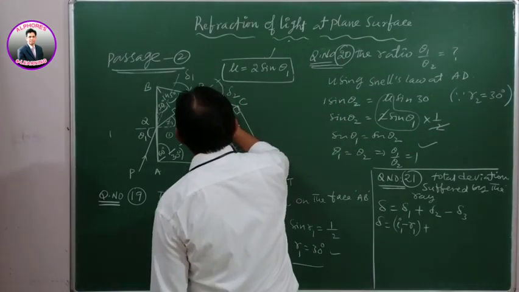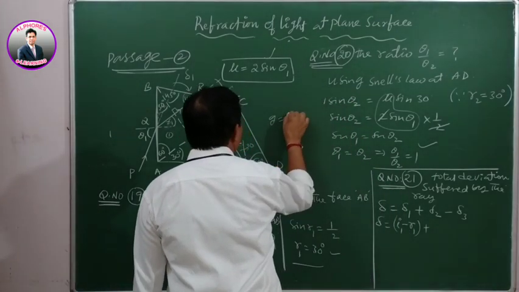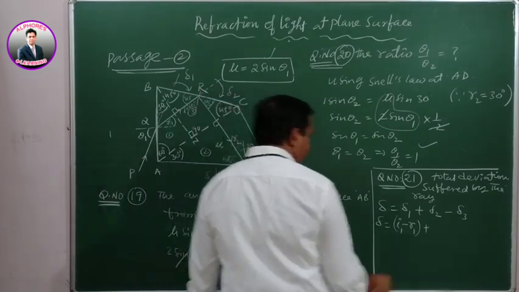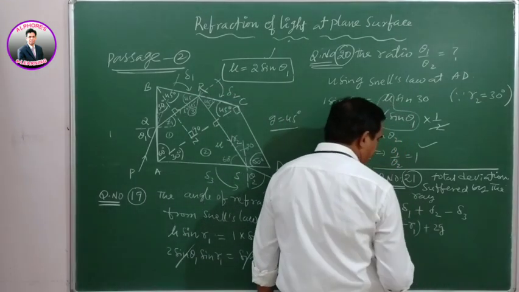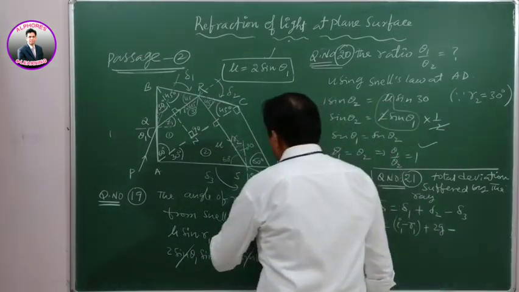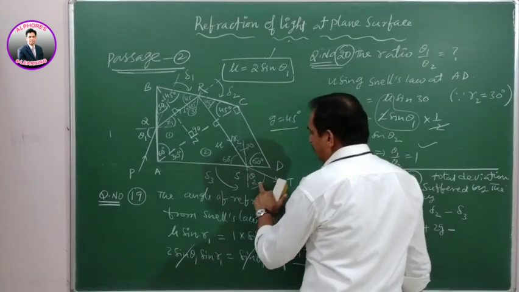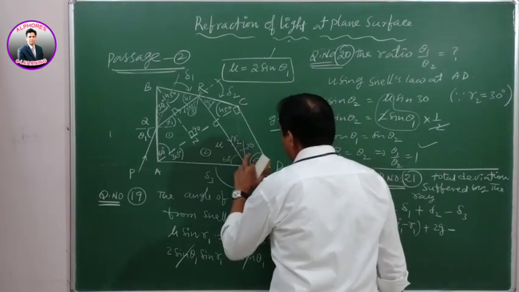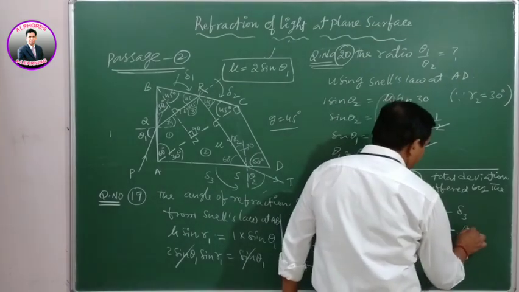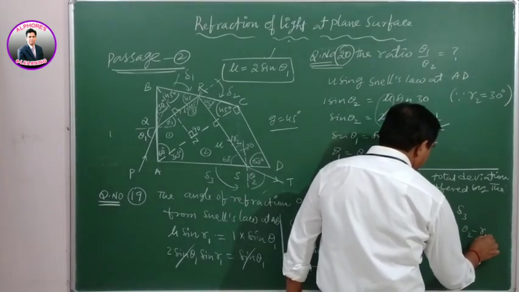The glancing angle is equal to 45 degree. Therefore 2G is 45, and here, bending away anti-clockwise, theta 2 minus R2.